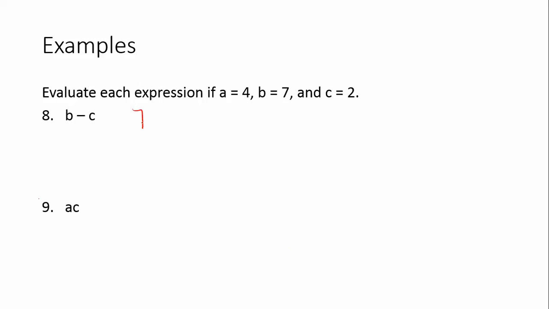So we have 7 minus 2, and we want to simplify and get 5. Number 9, AC. Remember, when there's not an actual symbol there, it means multiplication. So we have 4 times 2, and that's 8.